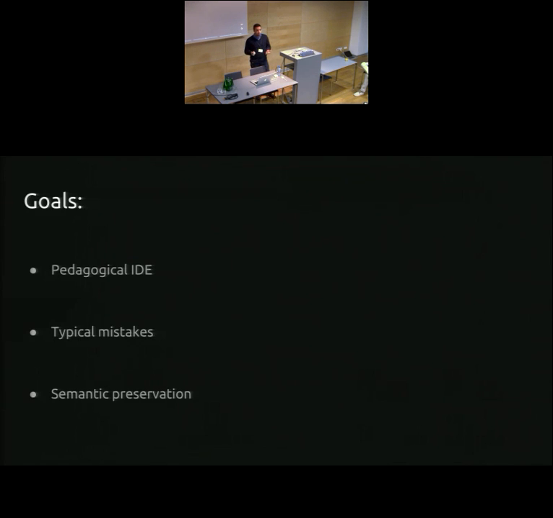So we present a tool that addresses the previous problems, and it's usable from a pedagogical IDE designed for beginners. It's capable of analyzing the program's code and informing of the typical mistakes made by them, and can apply refactoring rules that restructure the program without changing its semantics, with some exceptions.